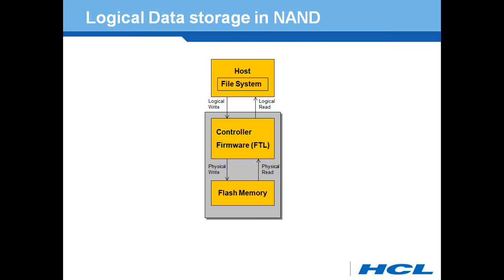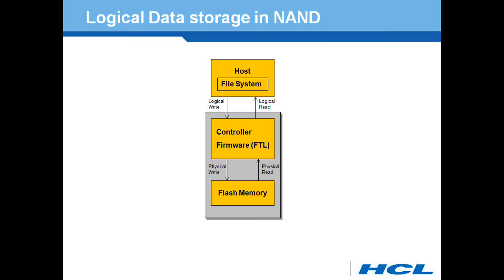Once the data is written inside the physical medium, it notes down the address of this physical area corresponding to the logical address given. That table will be maintained in the flash memory or in the storage device RAM.